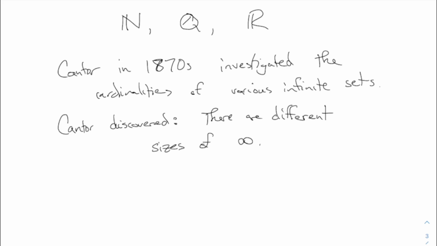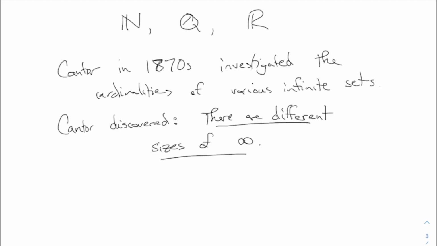It's a true fact, and by next time you will have seen a proof of this. And it's actually not so hard to do. I mean, it was a major breakthrough when Cantor had this idea, although once you have the idea, it's not so hard to formalize everything. But anyway, it is a true fact. There are different sizes of infinity.